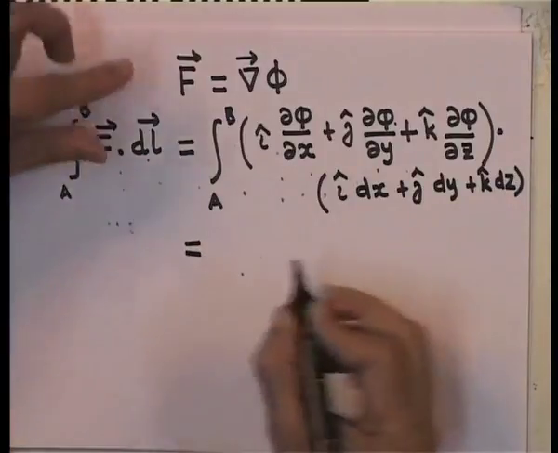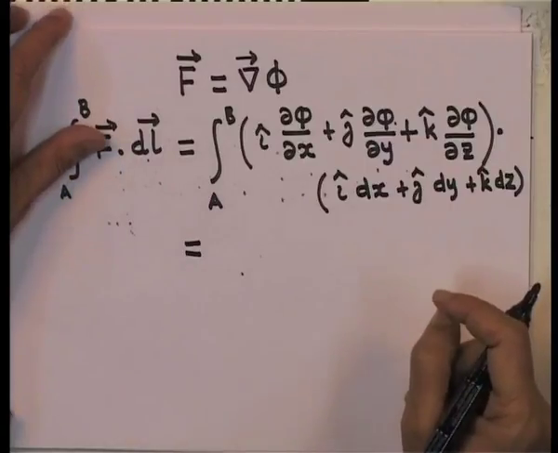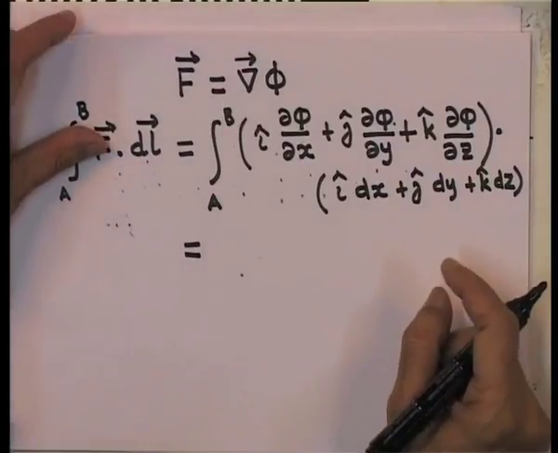Now, take the dot product. Remember, i dot i is 1, j dot j and k dot k are also 1, but i dot j, i dot k etcetera are 0.